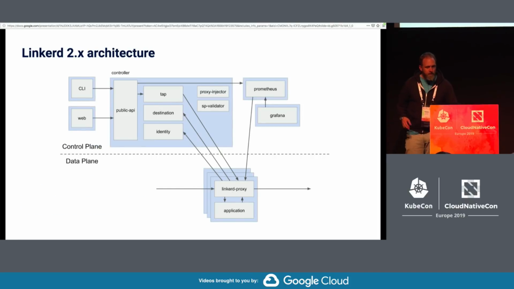OK, so if you draw it out, I said this was simple, didn't I? OK. So if you draw it out, just look at the blue boxes. It's not that bad. So the bottom bit is the data plane, okay? And this is similar to the way that most service meshes operate. Not all of them, but most of them, which is you have your application. Okay, that's your service logic, right? That's like one container. And then the blue thing is a pod around that. And we insert that proxy in there.